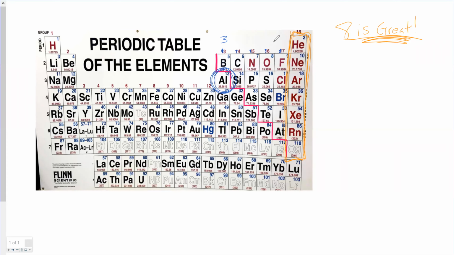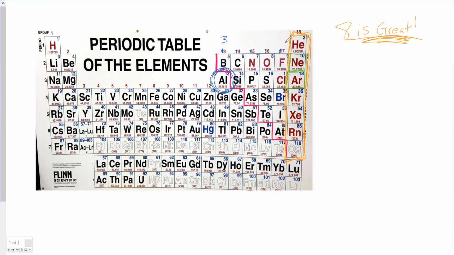So if we're looking at aluminum, I just wanted to show you a different way of what he means by fill in or fall back. Basically, aluminum has 2 different noble gases he could look like. The 2 closest, he could either look like argon here, or he could go backwards and look like neon.